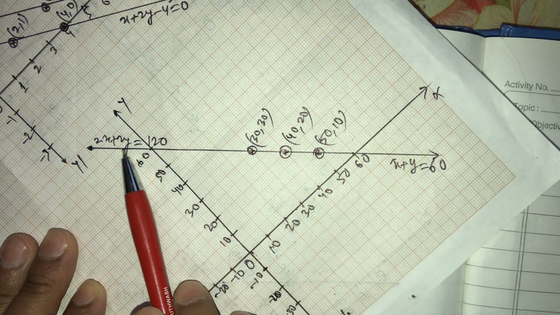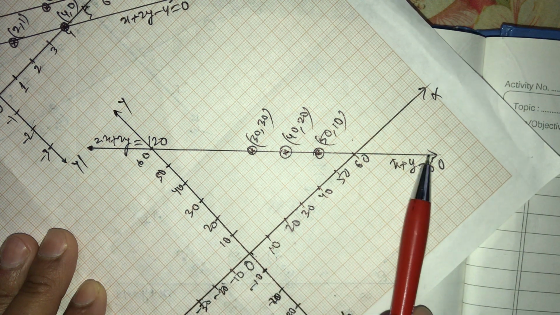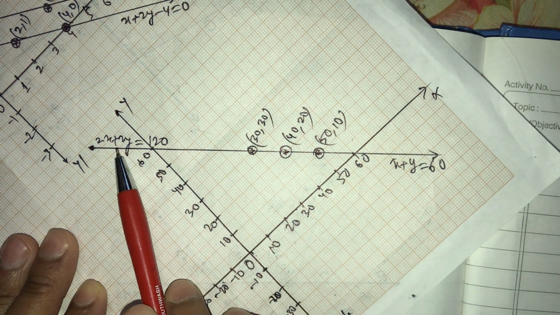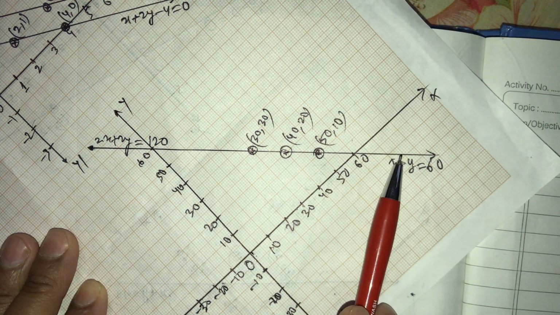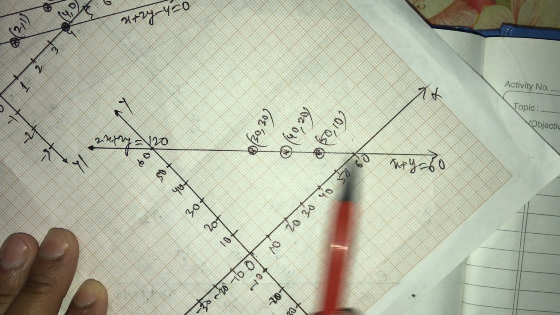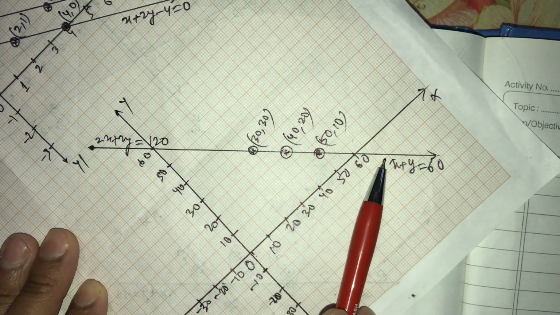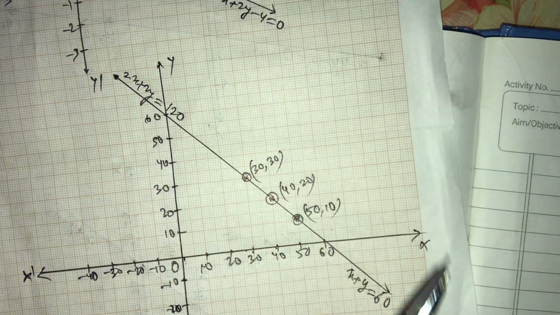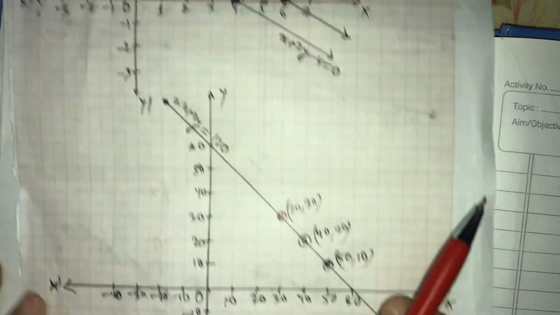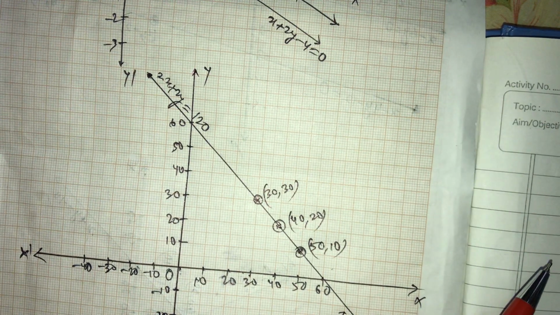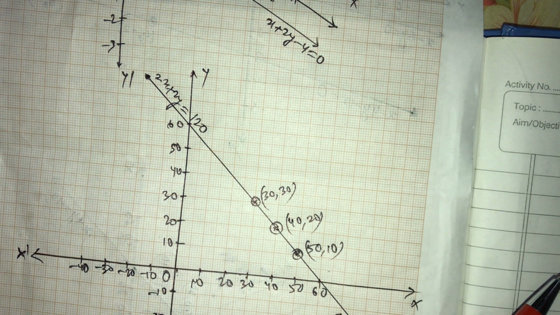Why? Because they are coinciding with each other, they are overlapping, so you'll find infinite points here. So this is also a consistent equation, and the solution will be infinitely many solutions. So that's why I told you in the beginning, three types of graph we may get. We discussed all three types, and this graphical method is over from my side.